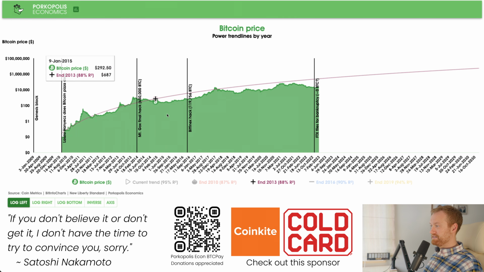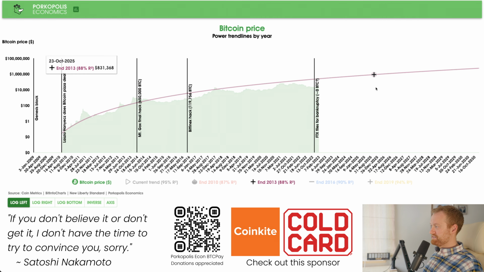Let's reset the zoom again. It didn't rise above the 2013 trend line ever again. And let's just, for fun, see what that predicts all the way out to 2030. $5 million Bitcoin, $5.3 million Bitcoin, December 31st, 2030.